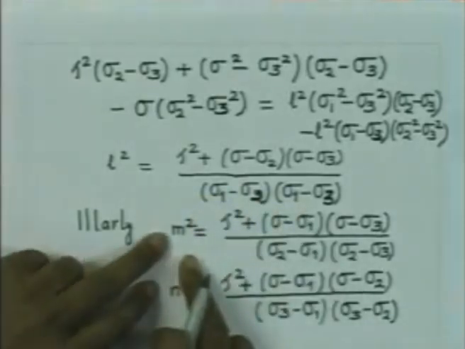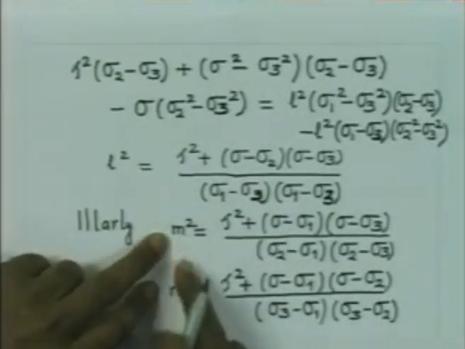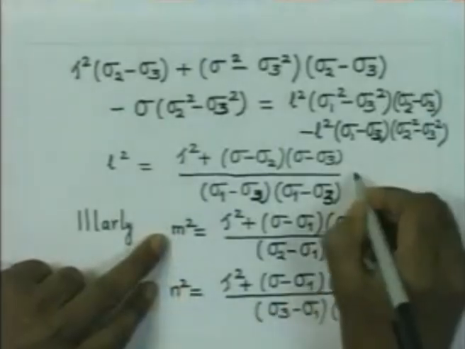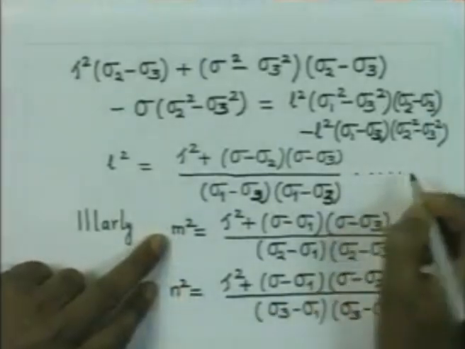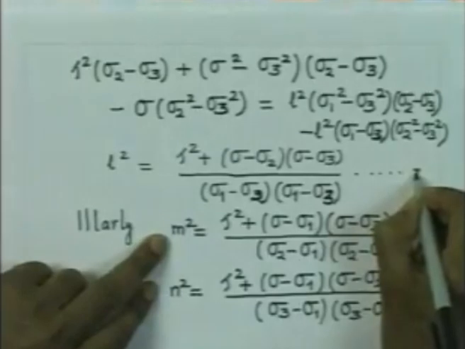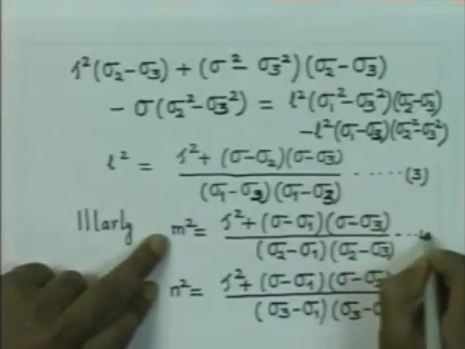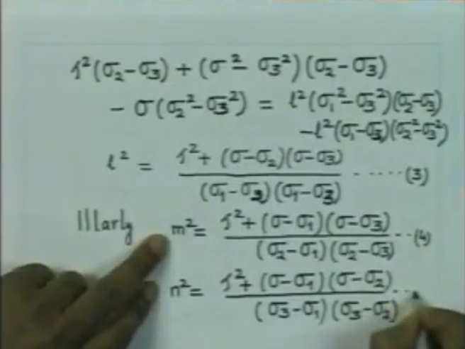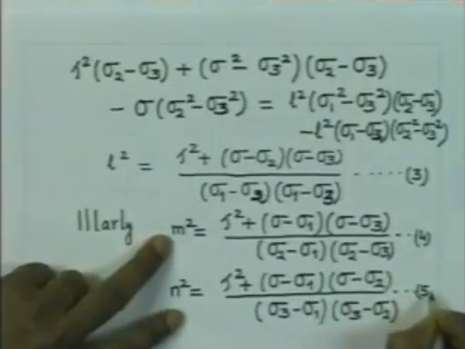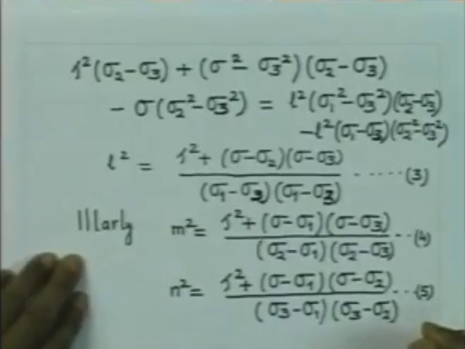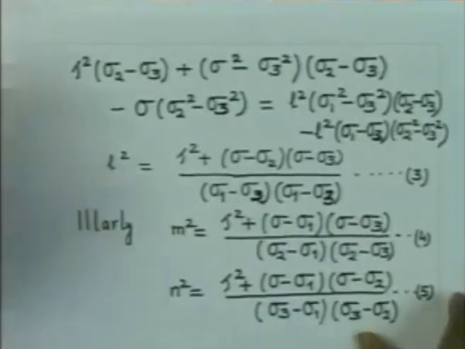Similarly, you will find the same thing is repeated in the case of m square and n square. So, let us write these equations as number 3, this is 4, and this one is 5. These equations are really the basis for drawing the Mohr circle. So, let us take these equations one by one.